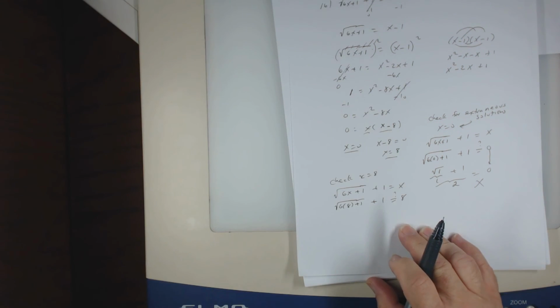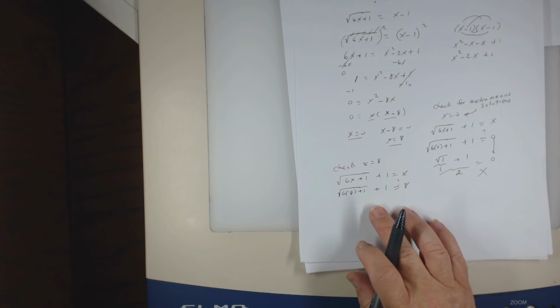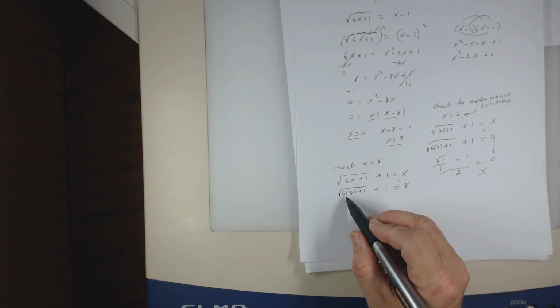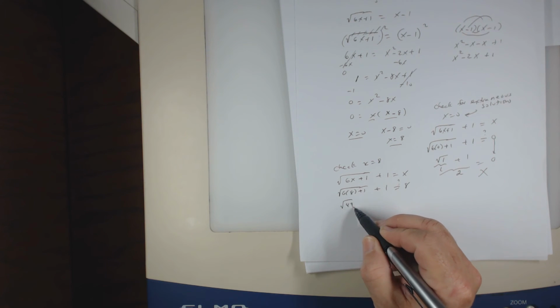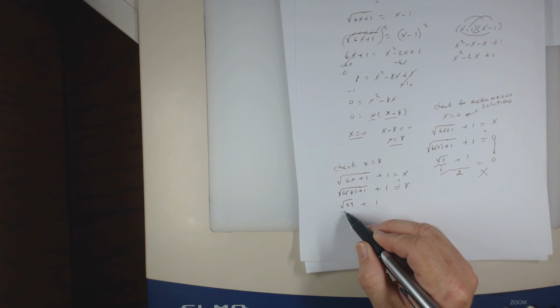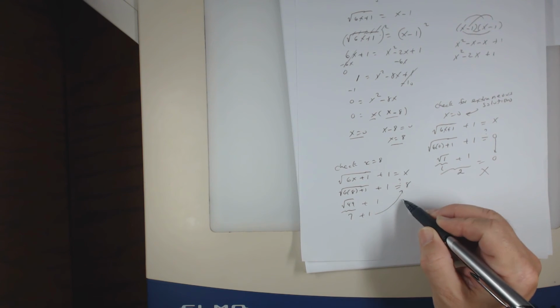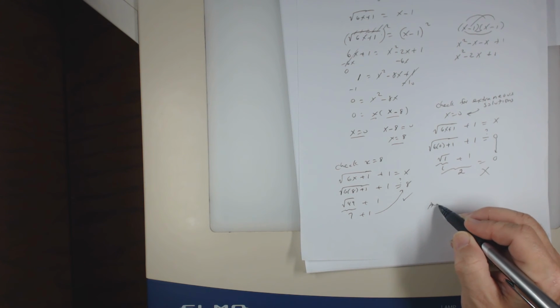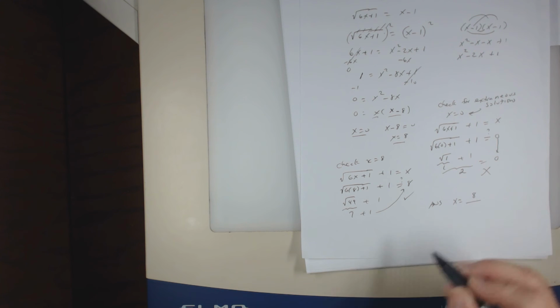See, all I did was, wherever I saw an x, I just plugged in 8. What's 6 times 8? 48. 48 plus 1 is? All right, and then plus 1. What's the square root of 49? And is 7 plus 1 equal to 8? Yeah. So the answer will be x equals what? x equals 8 only. Okay?